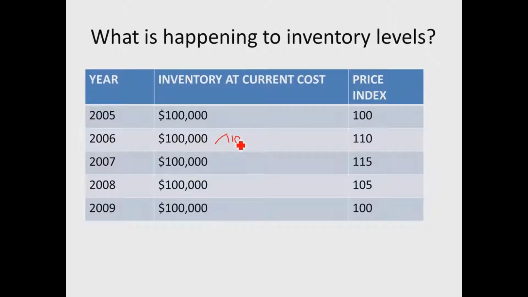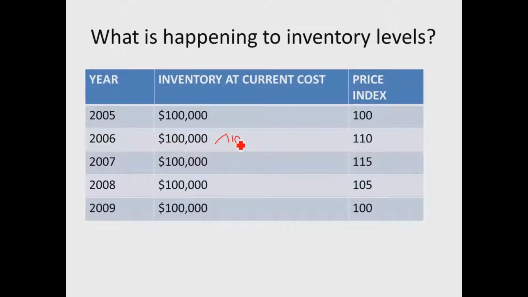Or put it said differently, if I had $100,000 of inventory in 2005, and I had to buy that same exact inventory again in 2006, would I have more or less inventory? I mean, how much would it cost me in 2006? Sorry.